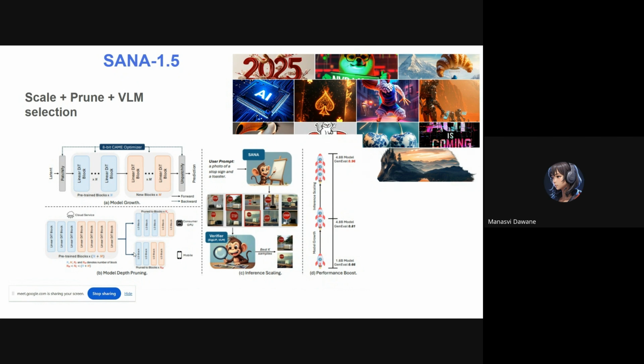Next is about pruning to any size, and depth pruning. This is the model depth pruning. What it does is it scores every transformer block here. How much does that block affect the quality if that block is removed? For example, if something is highly affected, then it has a high score and that block is kept, and a block which has a low score and has very little effect is removed.